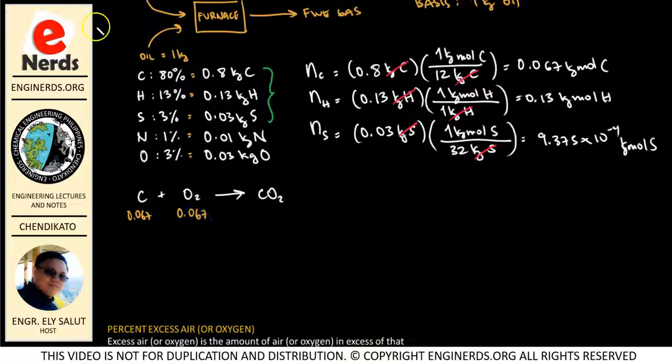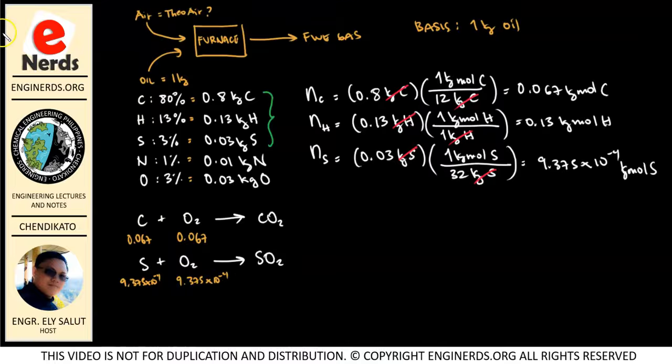How about for sulfur? Let's do sulfur first because I want to show something about our hydrogen. Our sulfur will react with oxygen to produce SO2 for complete combustion. Our sulfur is 9.375 times 10 to the negative 4. It's 1:1, so our oxygen will be the same.